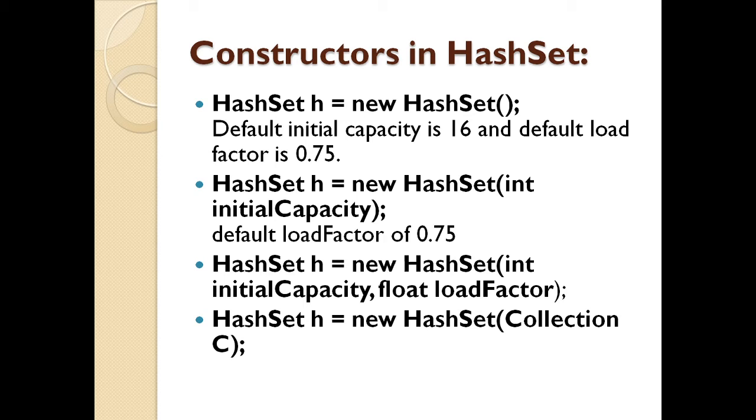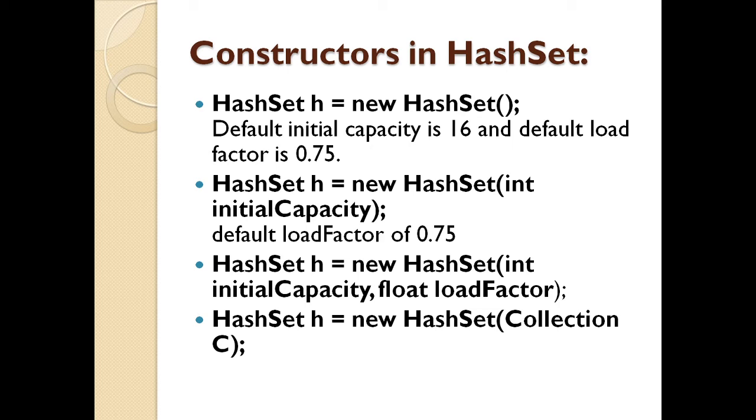Hash set can be constructed with a constructor wherein you specify the initial capacity and we can even give the float load factor. One more constructor we can use is to create a hash set from an already created collection by passing the collection object C.